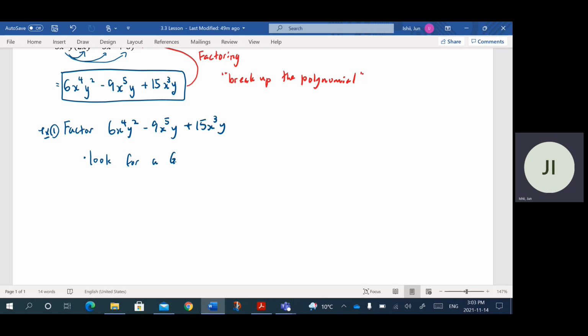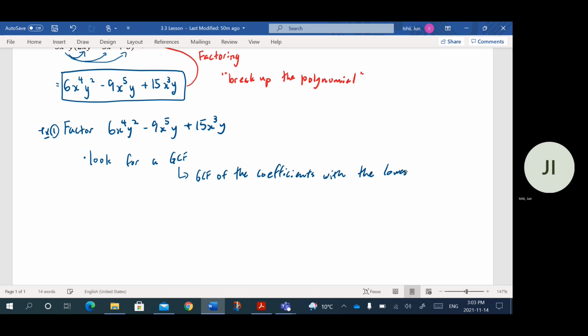Now, when it comes to polynomials, your GCF is going to be the greatest common factor of the coefficients with the lowest power of each variable.